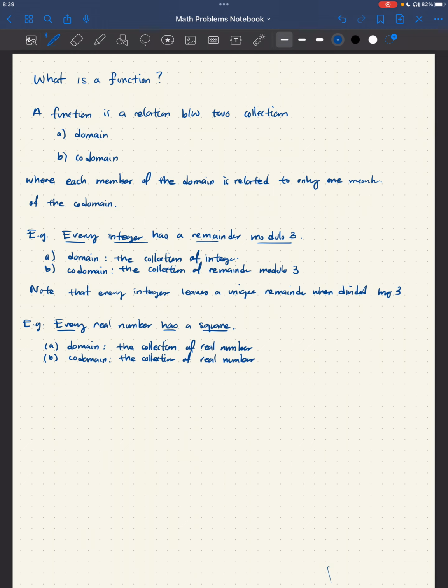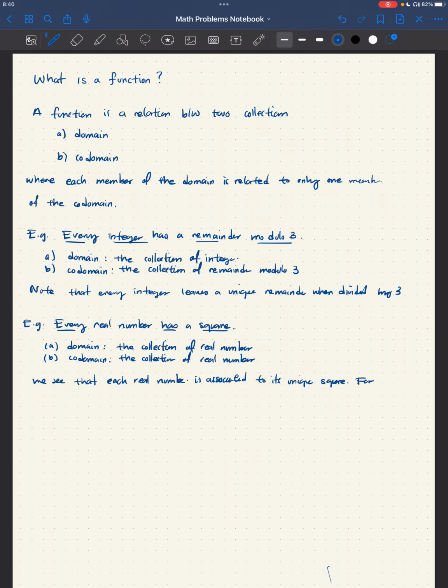Why is this? Well, think of this. I'm talking about real numbers, and when we square them, the expectation is that we get a real number. So we see that each real number is associated to its unique square.